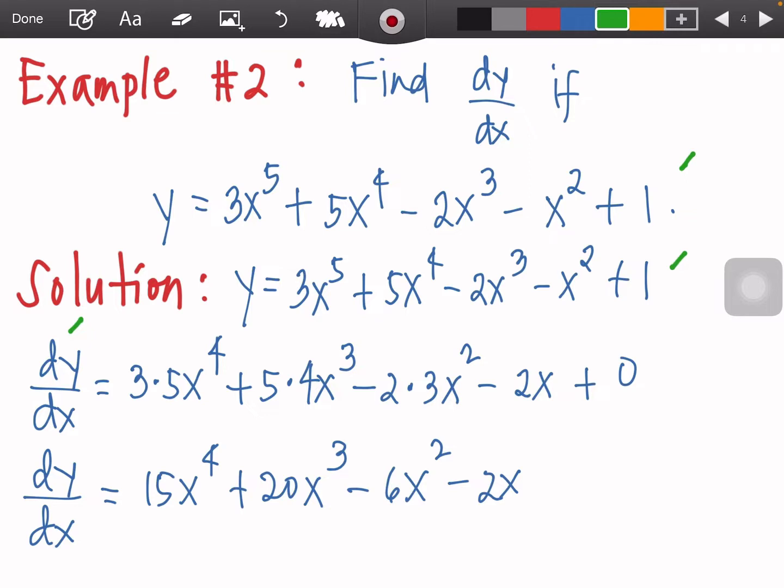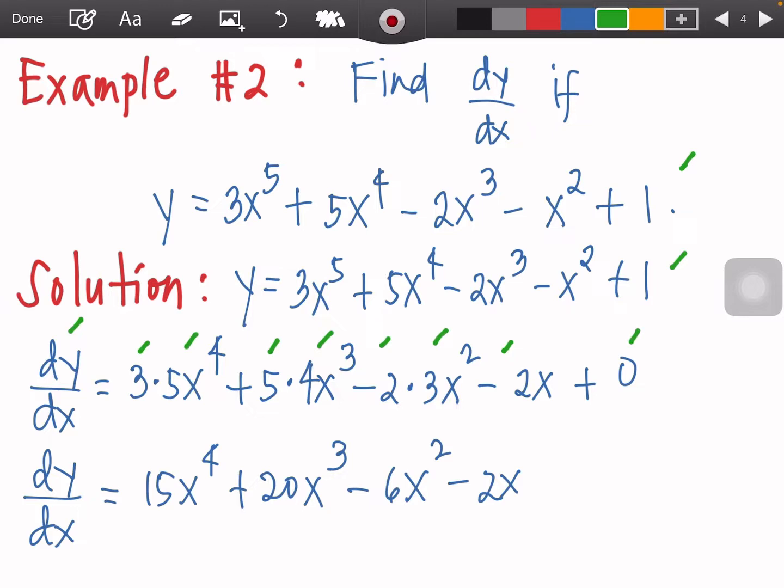The constant is copied, 3, then multiplied by the derivative of x to the fifth. So you have 5x to the fourth plus copy 5. Then the derivative of x to the fourth is 4x cubed minus copy 2. Then the derivative of x cubed, which is 3x squared, minus the derivative of x squared, which is 2x, and the derivative of 1, a constant, is 0.